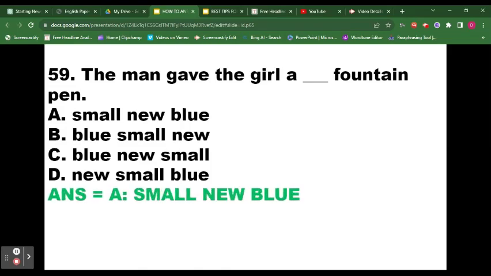Because when you have two or more adjectives, there is a rule that determines which one comes first and which one comes next. So small is size. Size comes before age, and age comes before color.